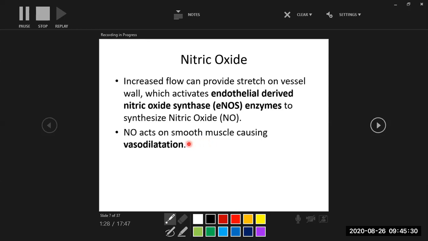So when you have an increase of blood flow, that will also cause the endothelium cell to release NO to make the vessel even bigger to accommodate the incoming blood flow.